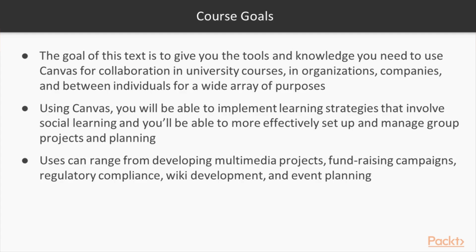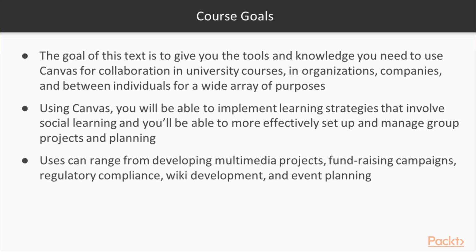So the goal of this course is to give you the tools and knowledge you need to use Canvas for collaboration in university courses, in organizations, companies, and between individuals for a wide array of purposes.